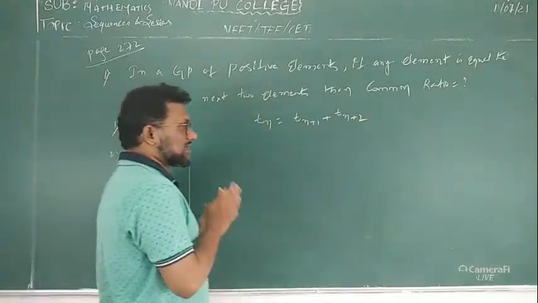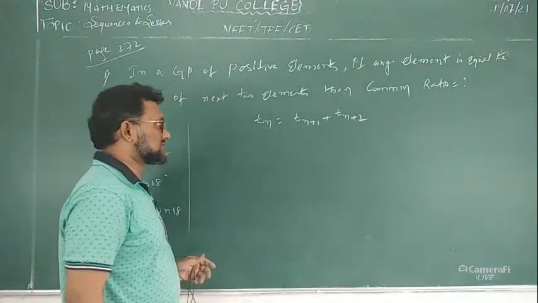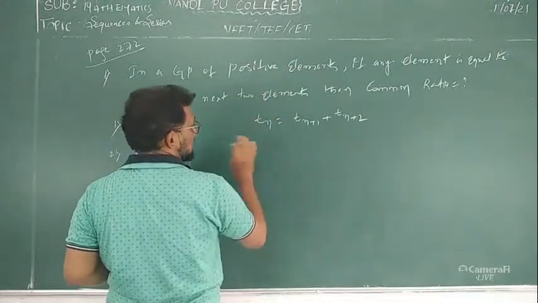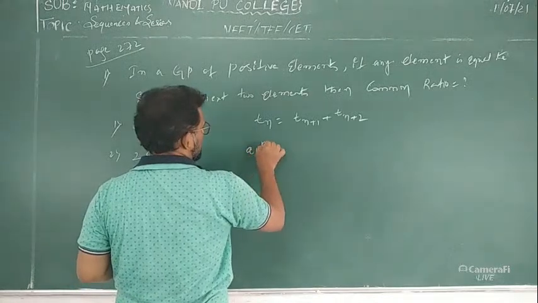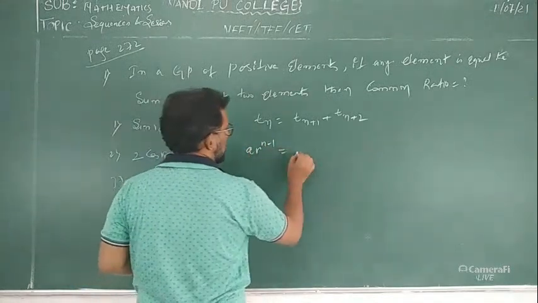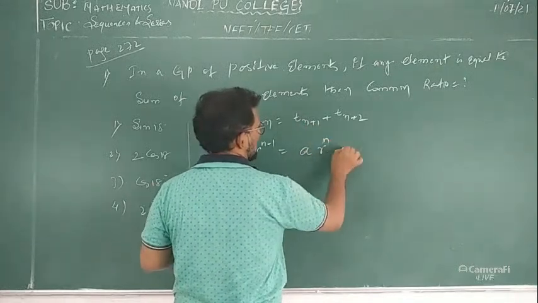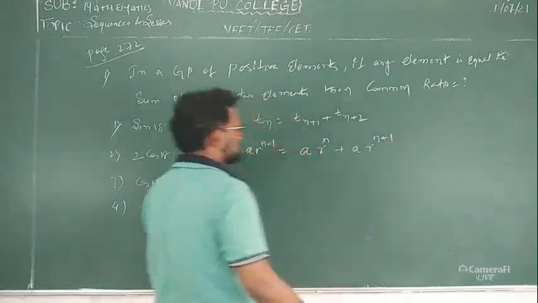So any element is equal to the sum of the next two elements, we can write as a mathematical equation. Since it is in GP, what is the Tn formula in GP? A into r power n minus 1 is equal to A into r power n, plus A into r power n plus 1. I hope you understood.